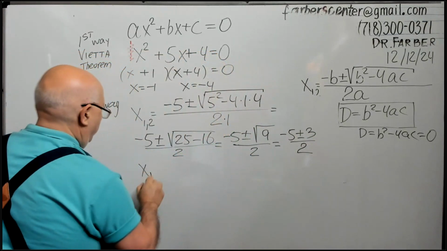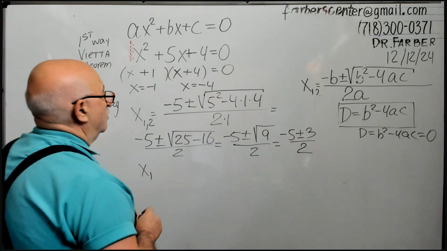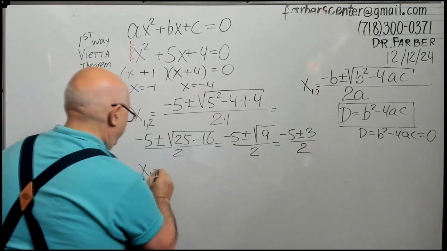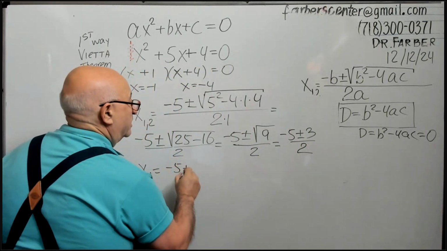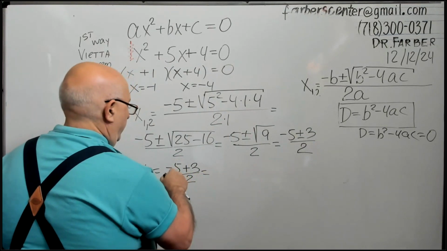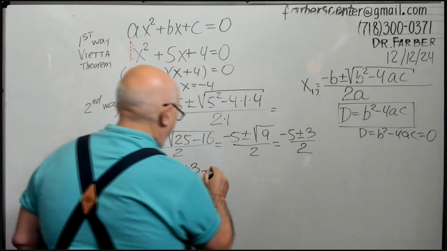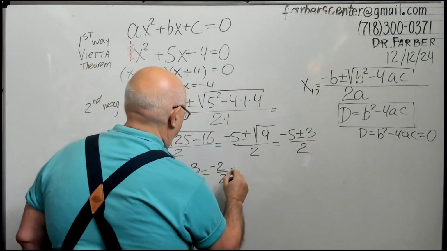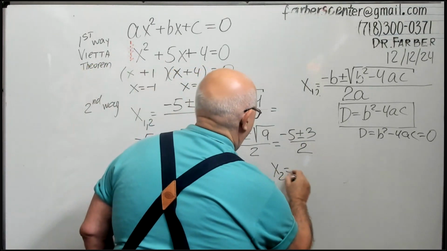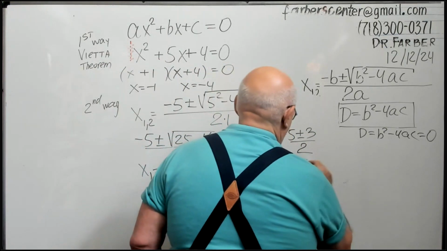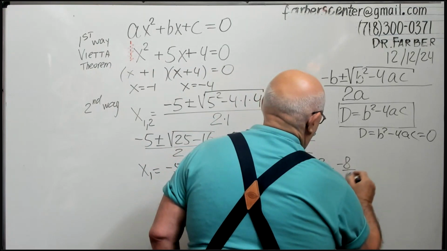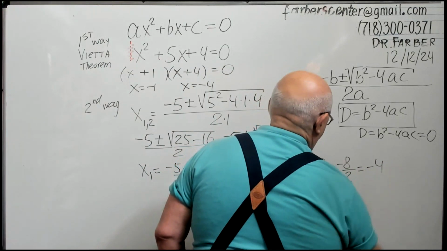x1, okay, -5 for instance plus 3 divided by 2. -5 plus 3 is -2. Divided by 2 is -1. x2, -5 minus 3 divided by 2. -8 divided by 2, which is -4.